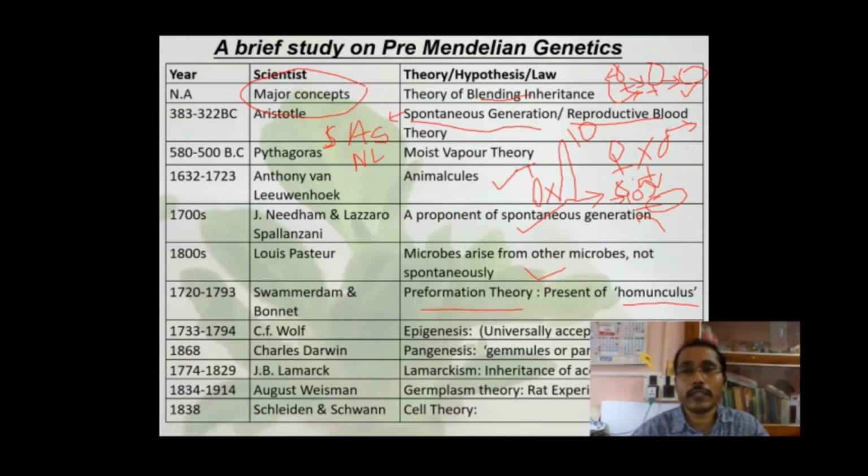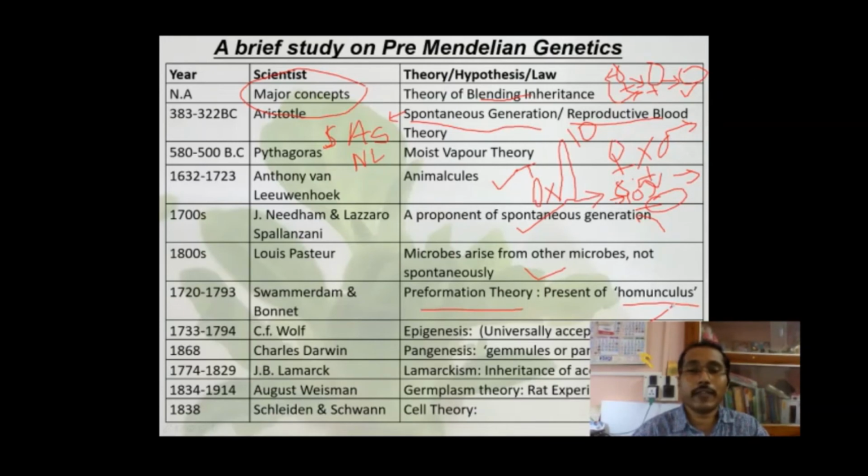They are mixed with each other during intercourse and make vitality in the embryo. After that, Wolff gave the epigenetic theory. This is also an accepted theory. And pangenesis, gemmules or pangenes.